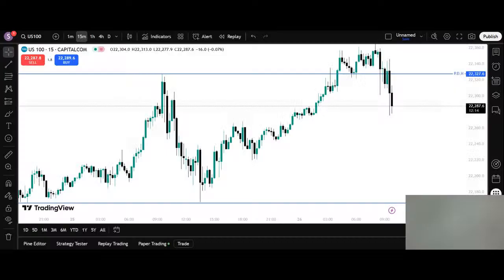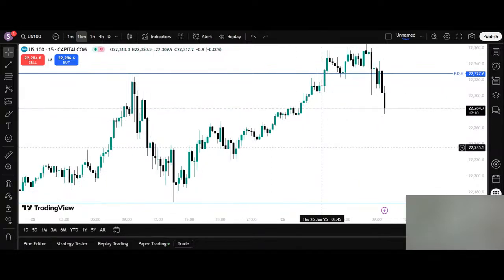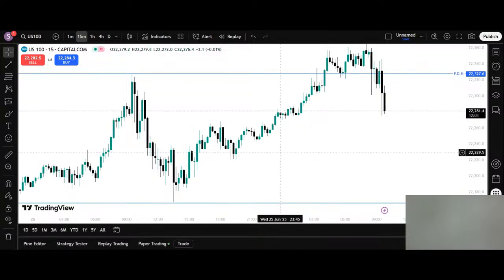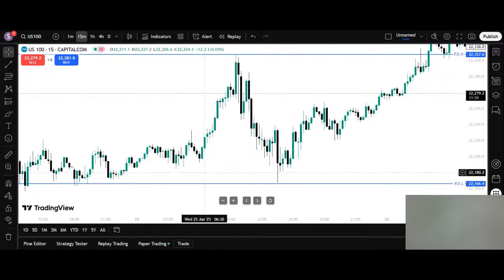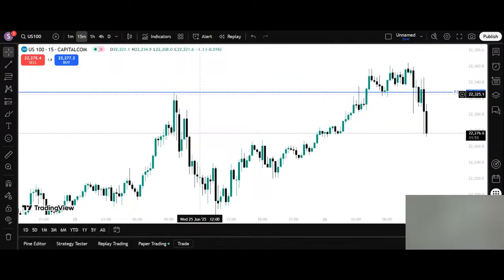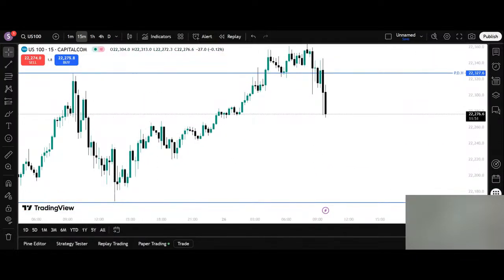Basically, if you ever want to target the price, see where the liquidity is on the main highs and the main swing lows, and also focus on the higher time frame while marking your targets. As you can see, price came down here, swept all this, and then rallied, took this, and is crashing down.